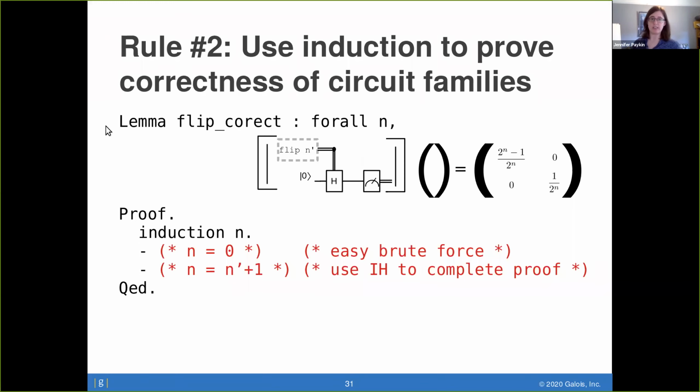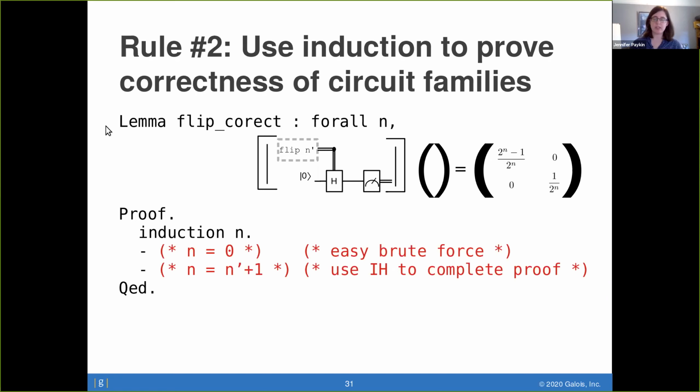So it correctly generalizes our theorem and says flip n prime has the correct specification. And then we use that to reason symbolically about the fact that now flip n also has the correct specification. So just as you would do it on paper, essentially we're now doing it in a formal theorem setting.